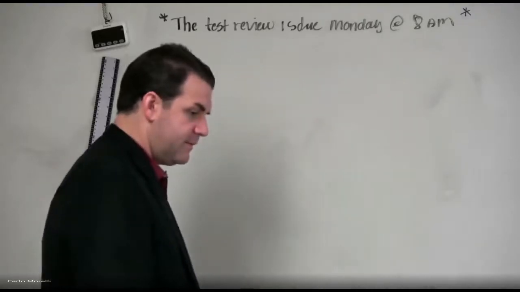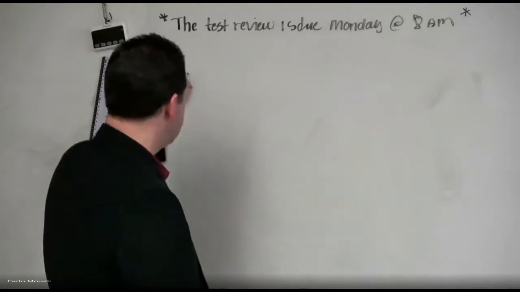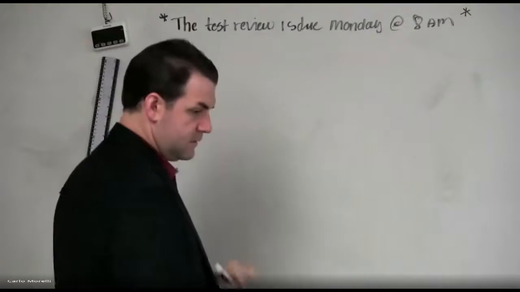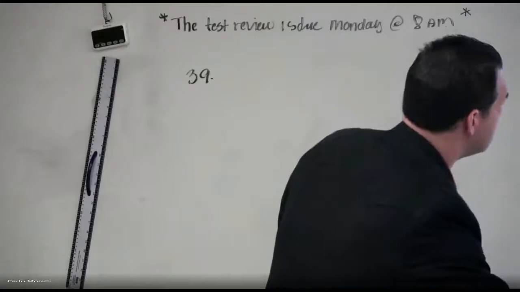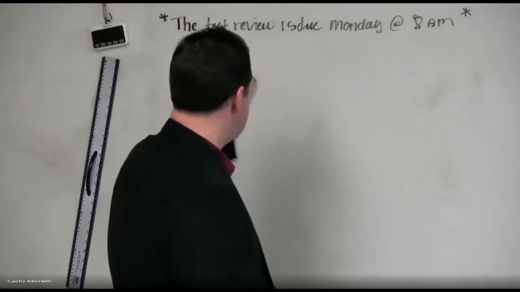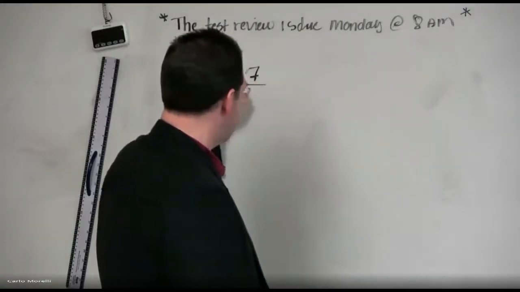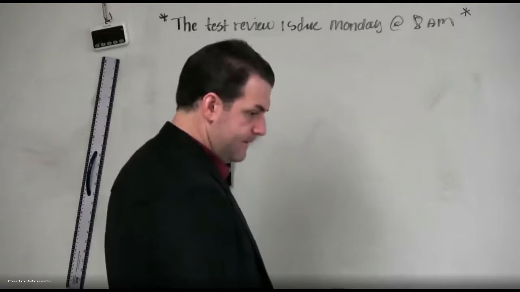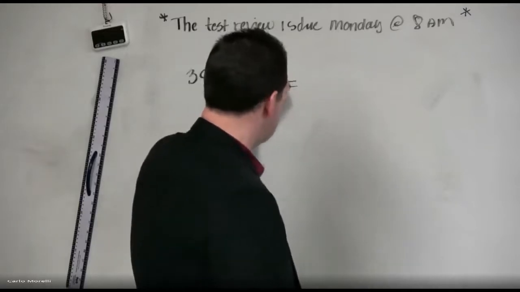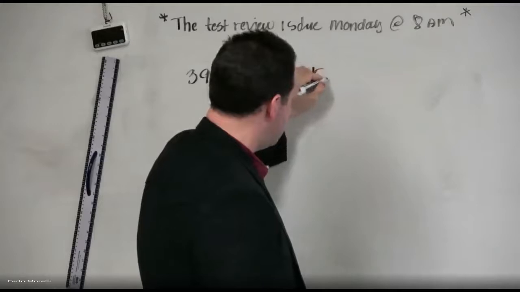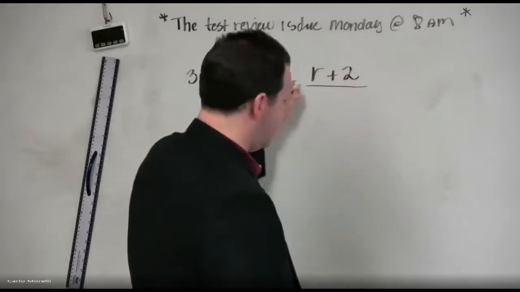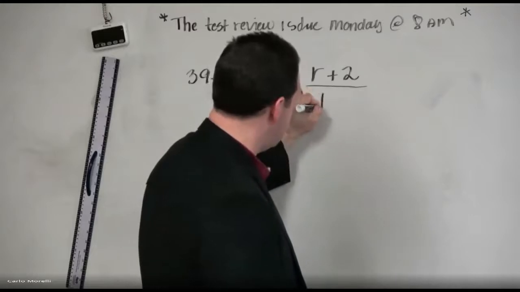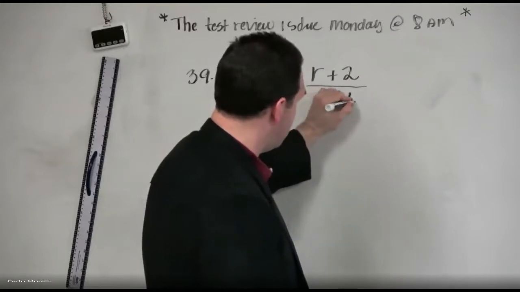Okay, finally something exciting. Number 39. I'll show you what we're looking at here. We have 7 over 6 equals r plus 2 over r minus 4.